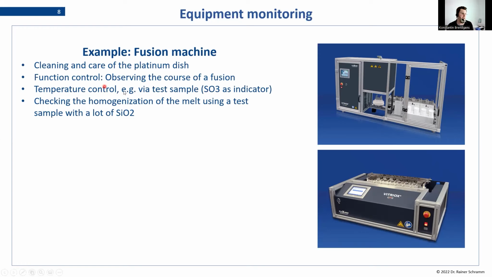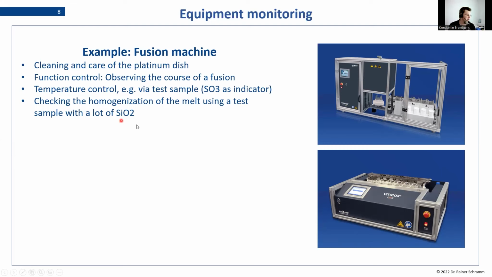So in our case, we'll see that later again, I think it's once a month we do a check of samples, and then a set of samples, and we check the SO3 value to make sure that we don't have differences in the temperature between the fusion equipments.